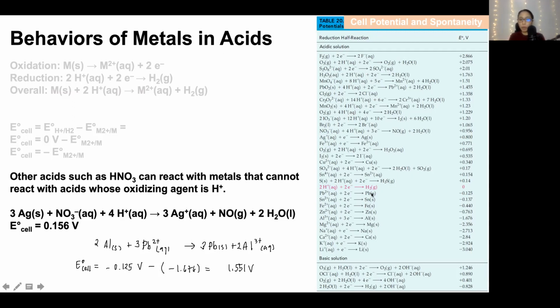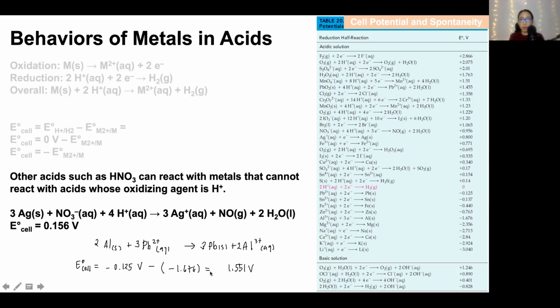But solid lead cannot displace aluminum ions. Is that correct? So if aluminum is displaced, then this reaction is taking place. That is our reduction half reaction: negative 1.676 minus the anode reaction, which is the reverse of this, negative 0.125.